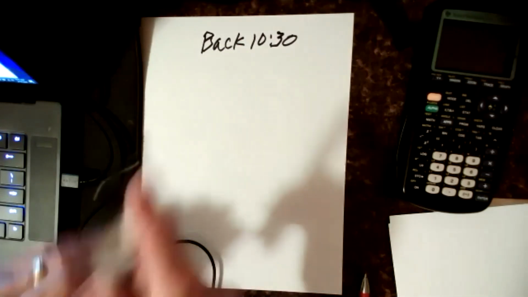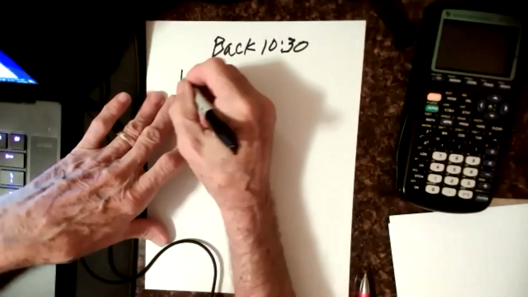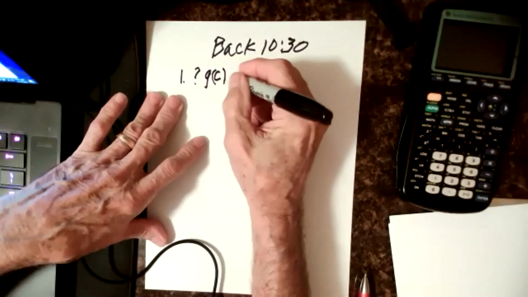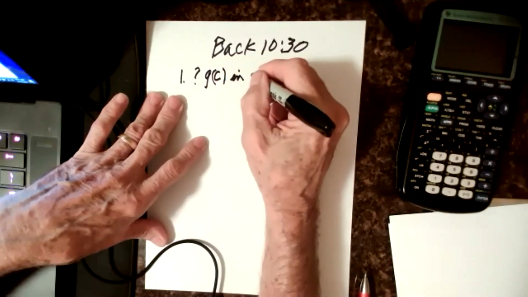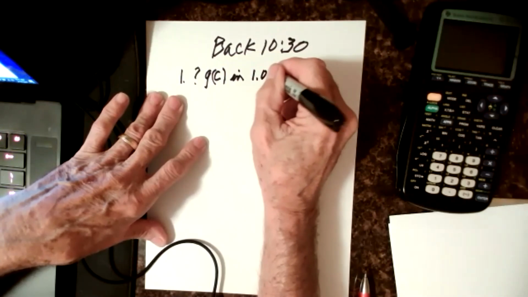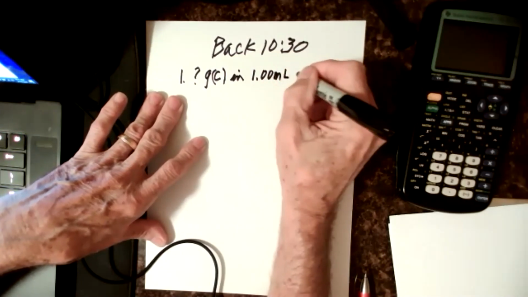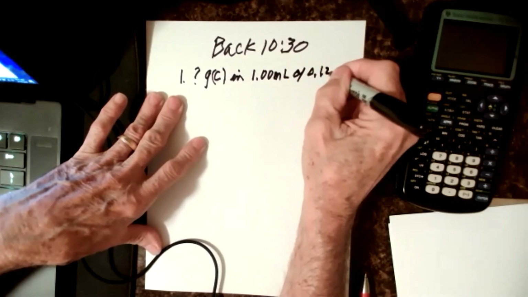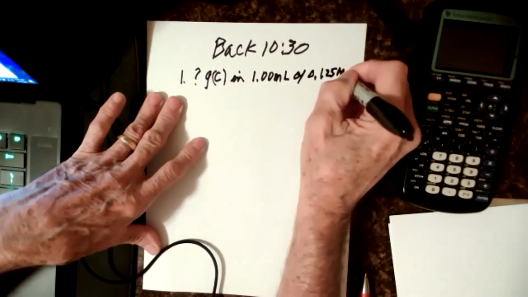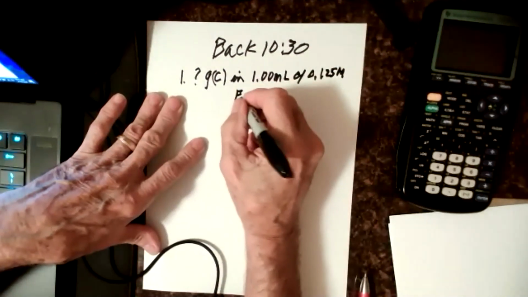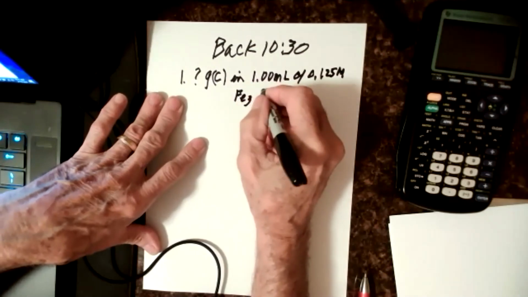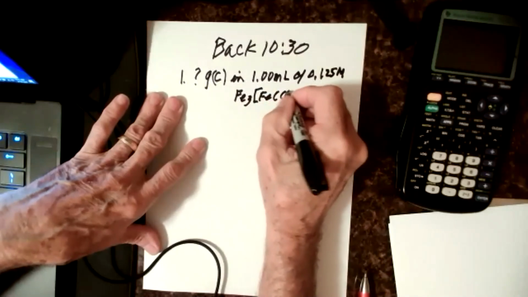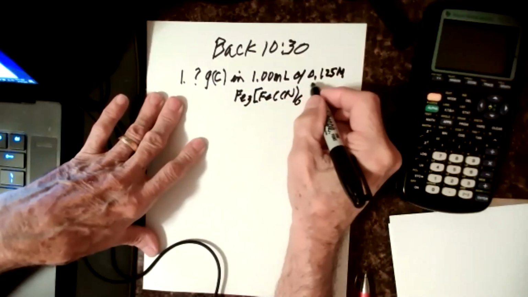So number one, it's going to ask me what is the grams of carbon in 1 milliliter of 0.125 molar, and the compound is Fe3(Fe(CN)6)2.